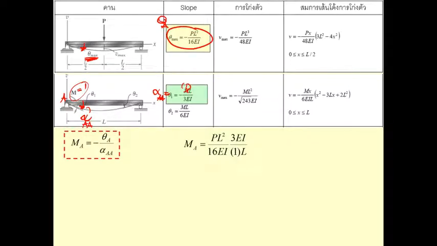And then you put them together: PL squared over 16EI and 1 times L divided by 3EI. Okay, just cancel this one. So M is going to be 3PL over 16 as before. And then we just forget about the negative here. So this one is going to be 3 over 16 PL.